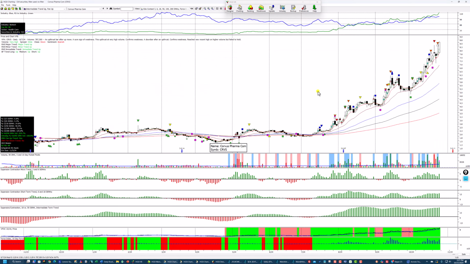Let's look at it on the daily chart. So this was down here in the $2 area, and you can see where the crossover was right here, and then pull back here, pull back here.